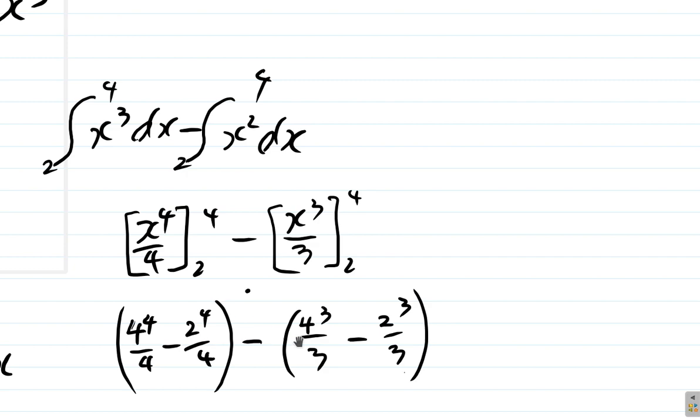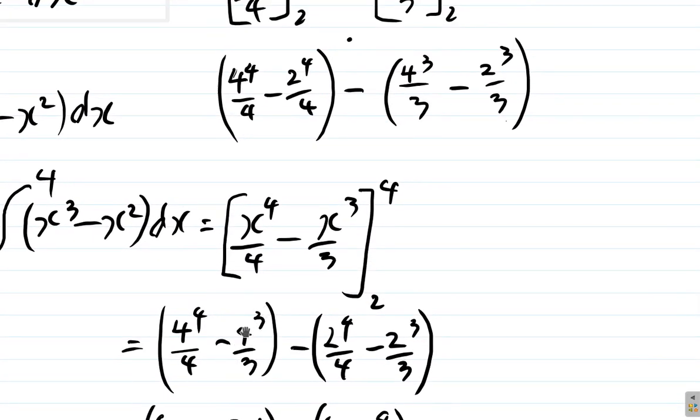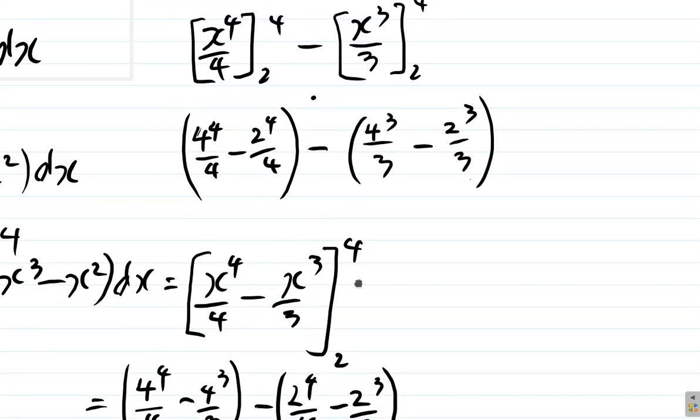Let's see how similar it is to what we did before. So it's 4 to the 4 over 4 minus, it would have been this.